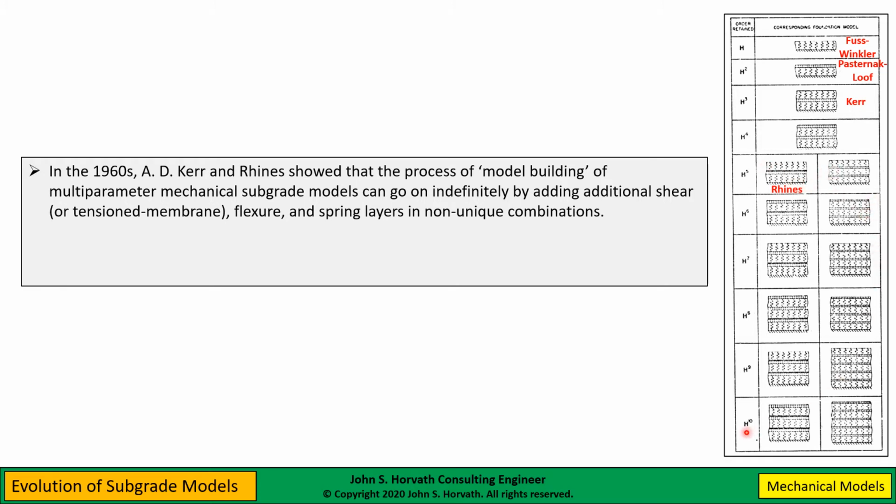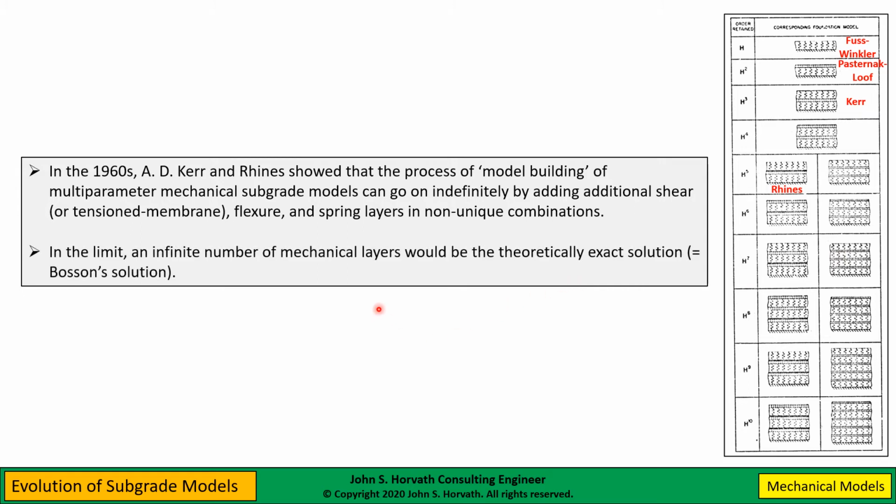They showed it up to a 10th-order equation. As you can see, at some point it becomes non-unique, obviously. As I pointed out previously, you could replace a flexural plate by a shear layer and a spring layer. And of course, in the limit, an infinite number of mechanical layers would be the theoretically exact solution, or Poisson solution.